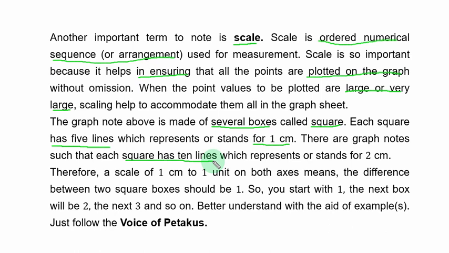This one is mainly used by WAEC and NECO, which stands for 2 centimeters. So when the square has 5 lines, it means 1 centimeter. When it is 10 lines, that is 2 centimeters.